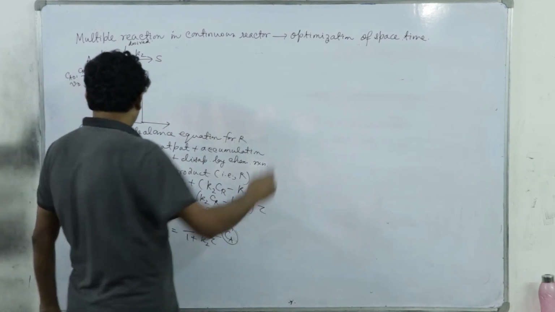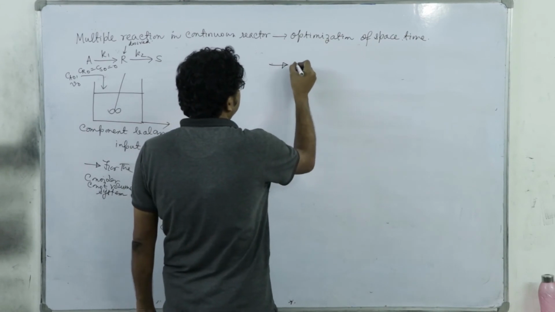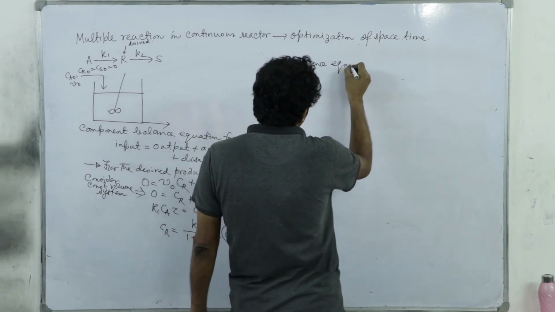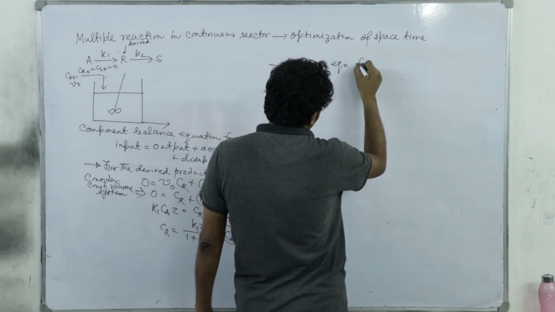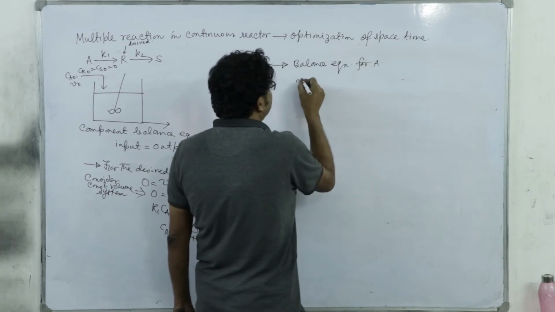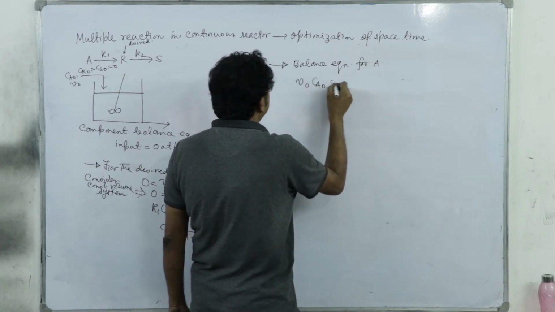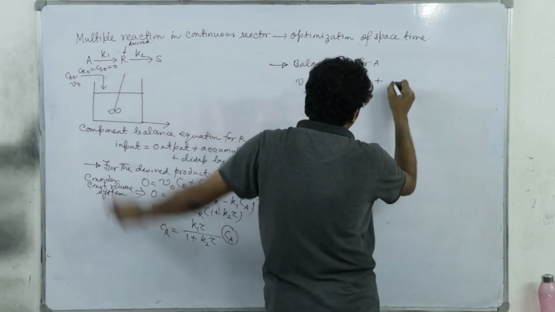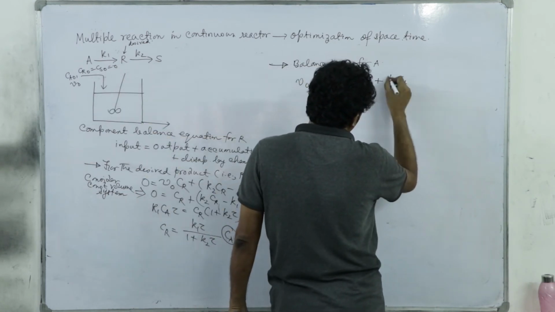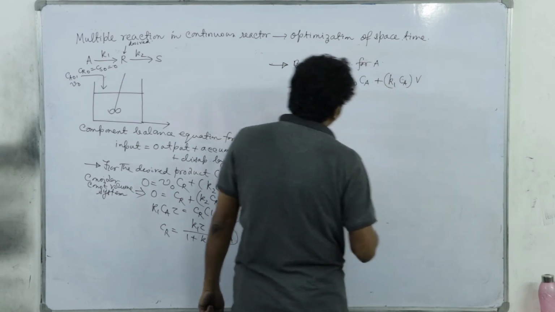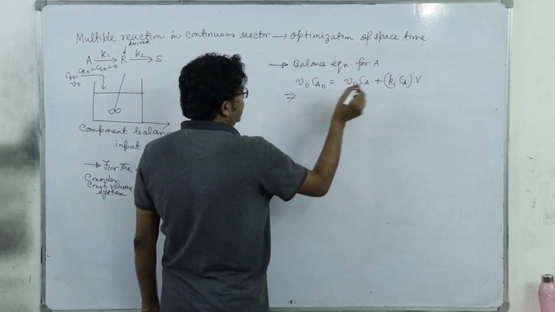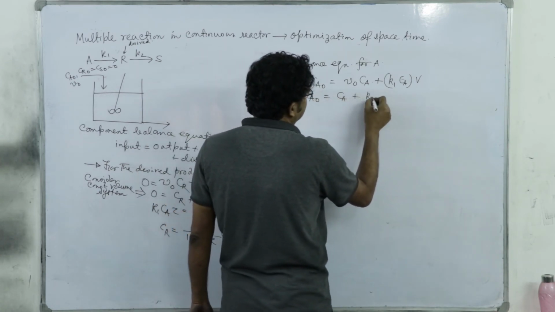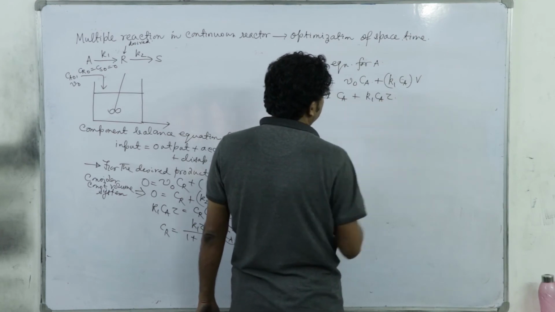So obviously we have to write the balance equation for A. Input is V naught into CA naught, output is V naught into CA, disappearance by chemical reaction is K1 into CA into V. If I divide the entire equation by V naught, you will get CA naught equal to CA plus K1 CA tau.